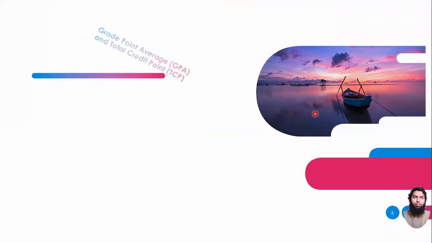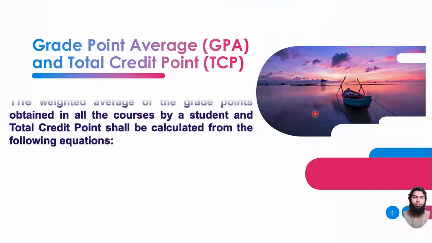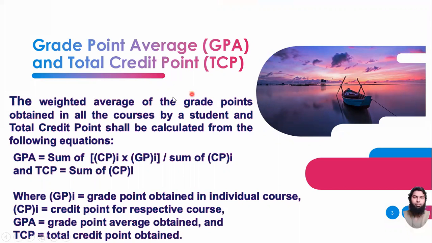Now the formula for calculating the grade point average says that GPA, grade point average, is equal to the sum of the credit point of each individual course multiplied by the grade point of that course, divided by the sum of credit points of individual courses. The sum of credit points of individual courses is regarded as total credit point.